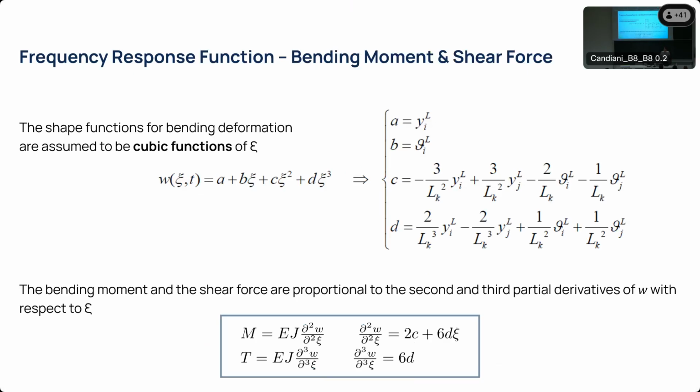For the transversal displacement, however, the polynomial was bigger, so we were able to compute the various functions as functions of the nodal displacement. So we find an expression of the second and the third derivative that, if you think about it, only depends on xi, the various parameters, and the nodal coordinates.